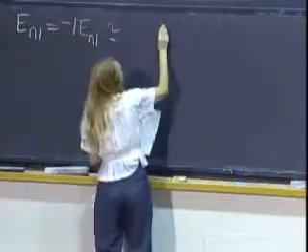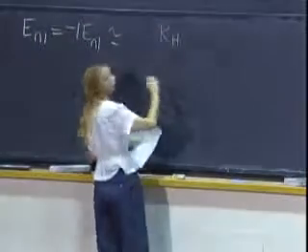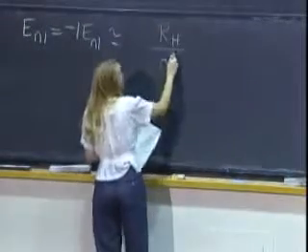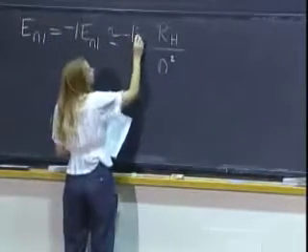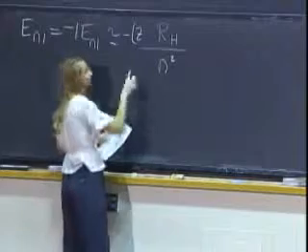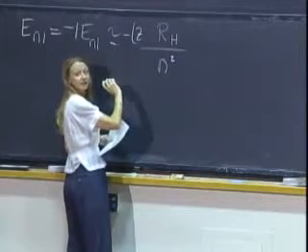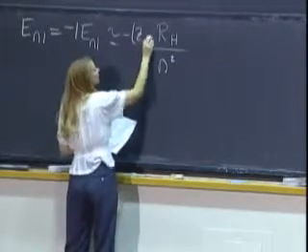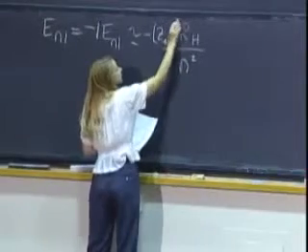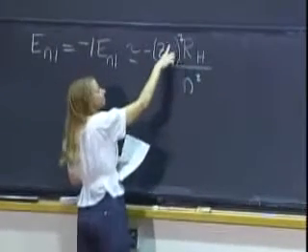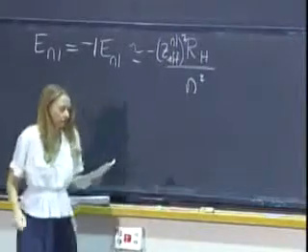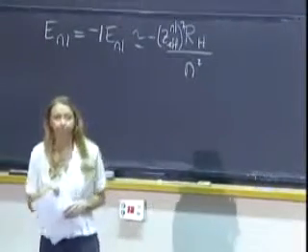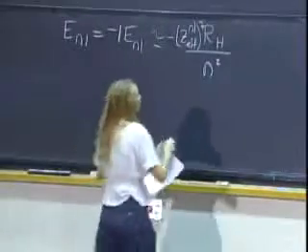That is, I'm going to set this equal to R sub H, the Rydberg constant, over n squared. But out here, there's going to be a Z. But this Z is going to be Z effective, Z-eff, and it's going to be squared, of course. And that Z is going to depend on the particular nl state that you're in.